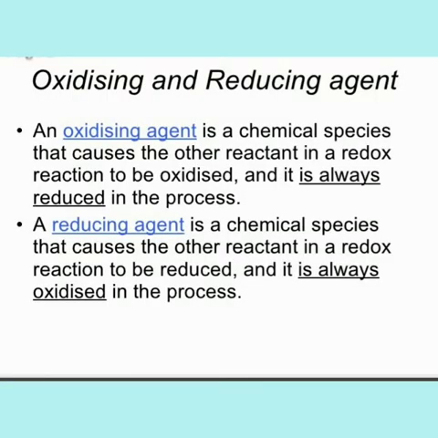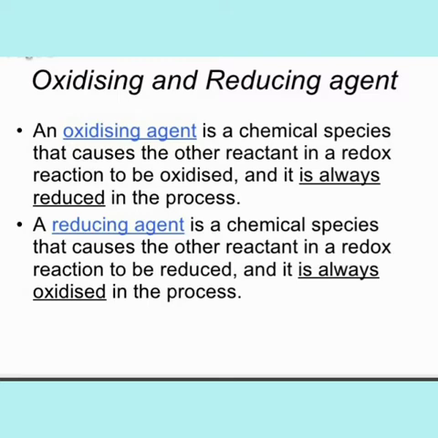What is an oxidizing agent and a reducing agent? An oxidizing agent is a chemical species that causes the other reactant in a redox reaction to be oxidized, and it is always reduced in the process. In other words, an oxidizing agent always provides oxygen to the other reactant in a reaction.